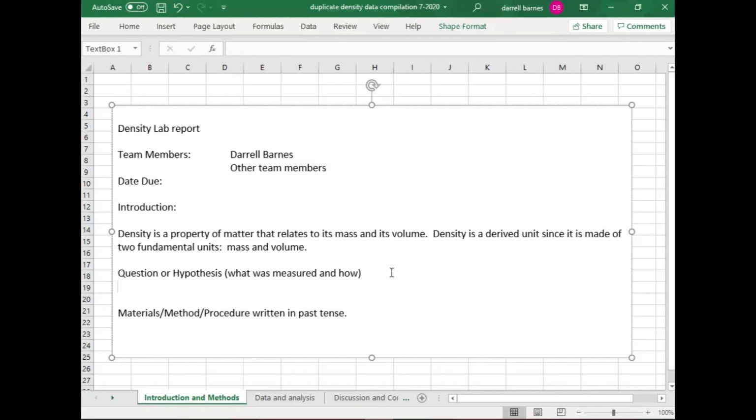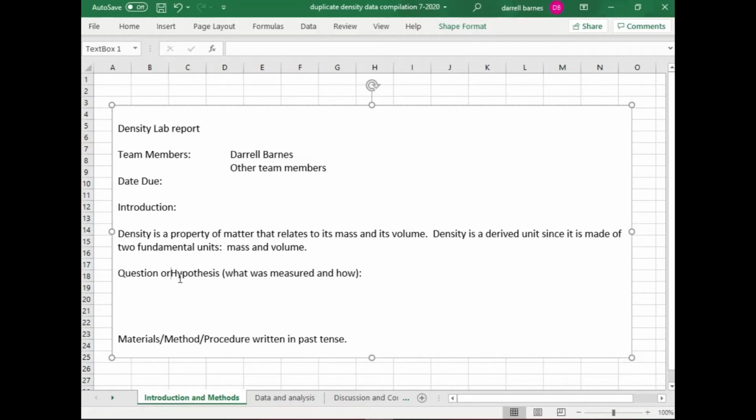Question or hypothesis. We'll put a italics. The question that we posed in class, or our hypothesis, basically that's a better way to put it.